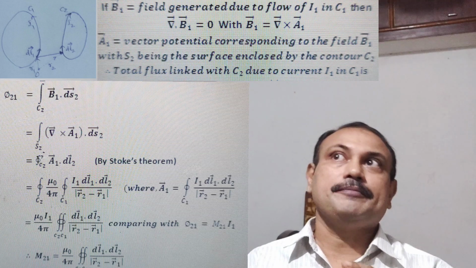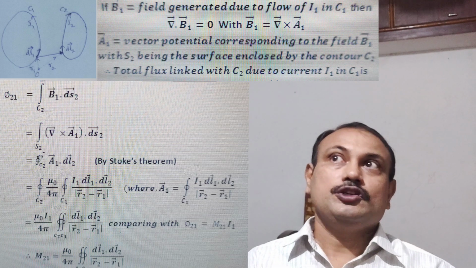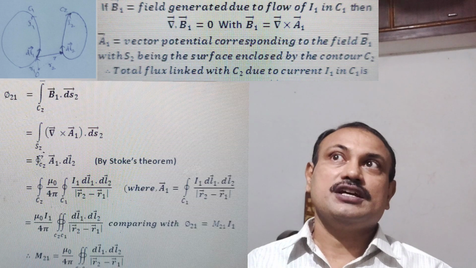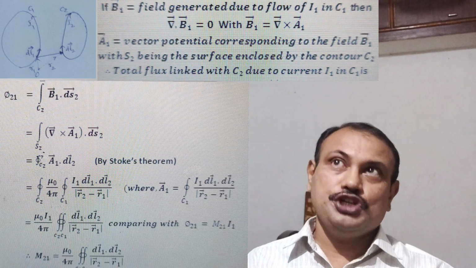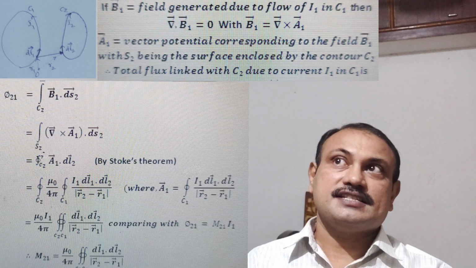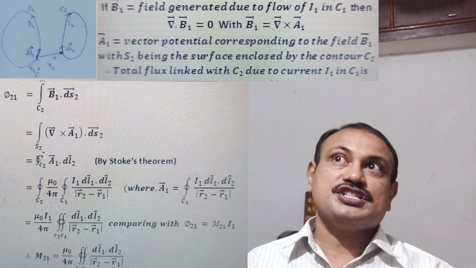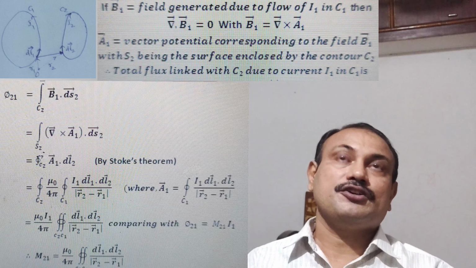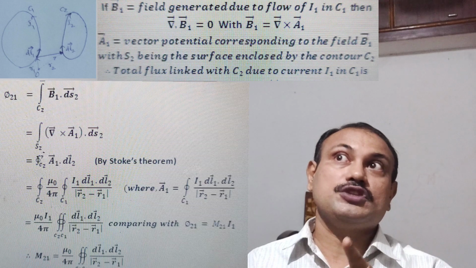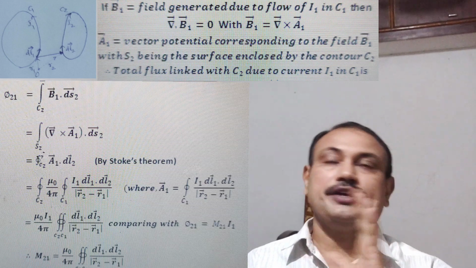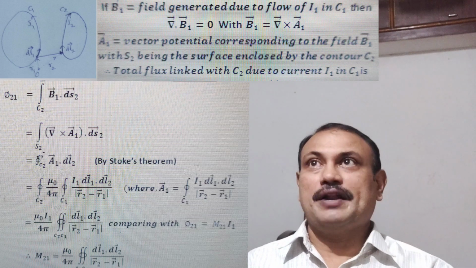Now the total flux linked with the contour C2, the flux which is realized by the contour C2, is produced due to the current I1 which is flowing in the contour C1.